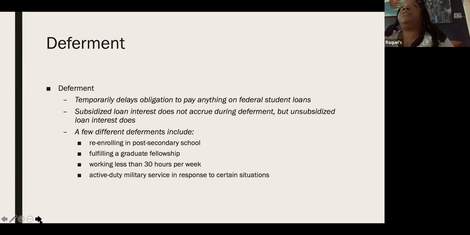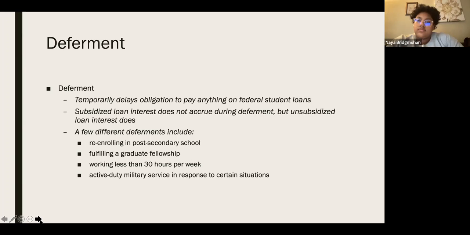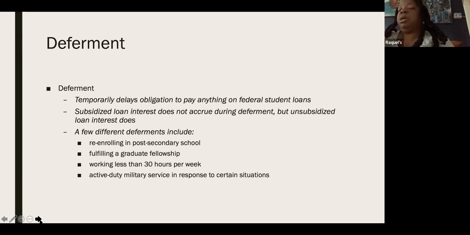Okay, because loan forgiveness is possible depending on the field you work in. If you make 120 consecutive payments, you may be eligible to have the remaining portion of your loan forgiven. And that's something to know depending on what field you go into.